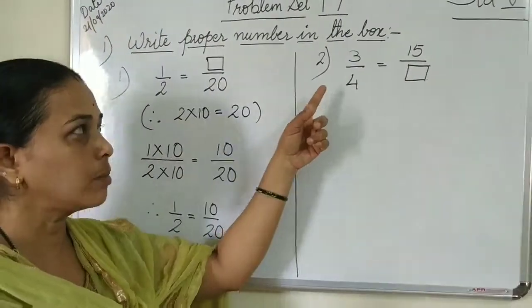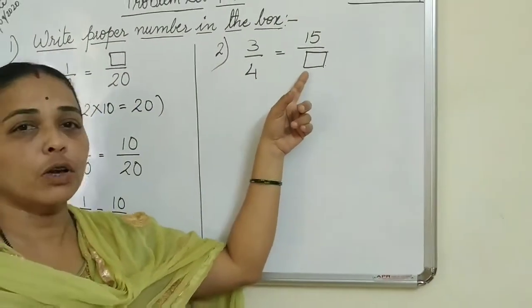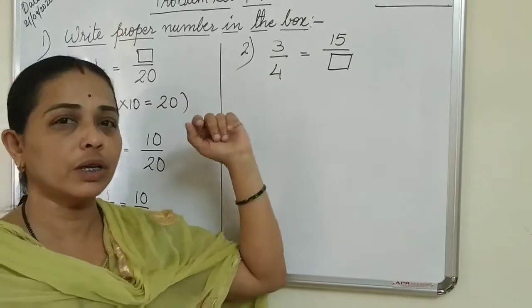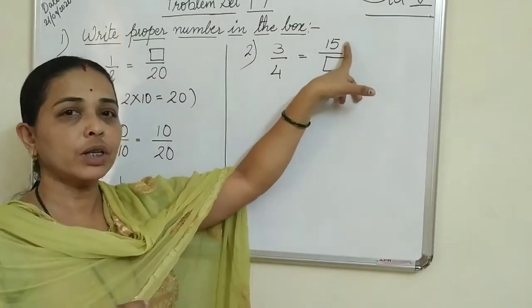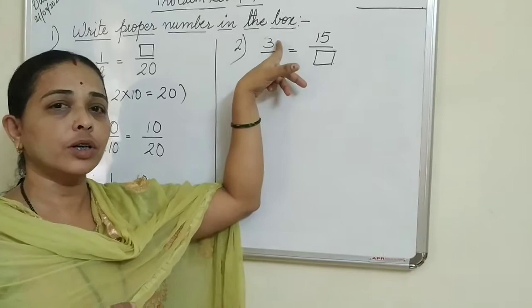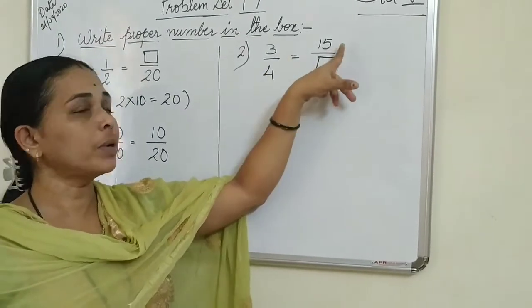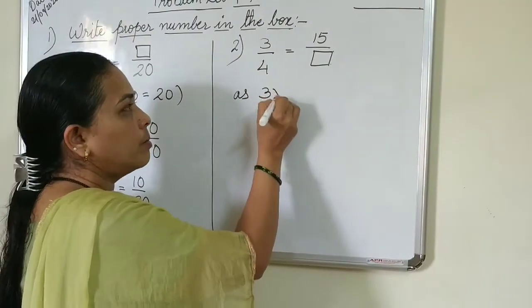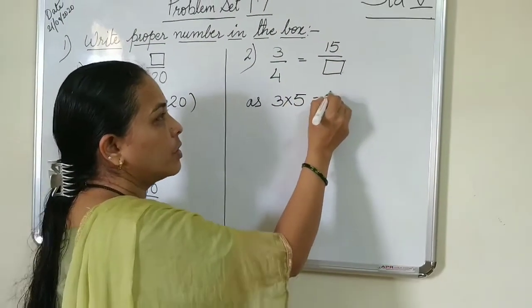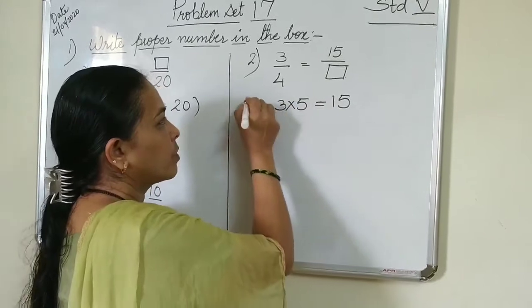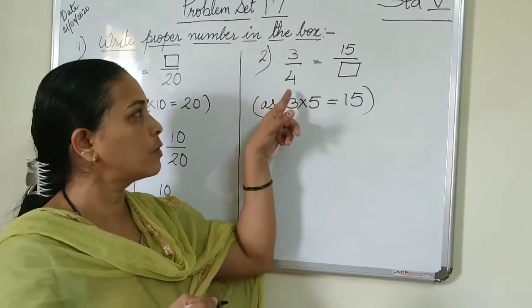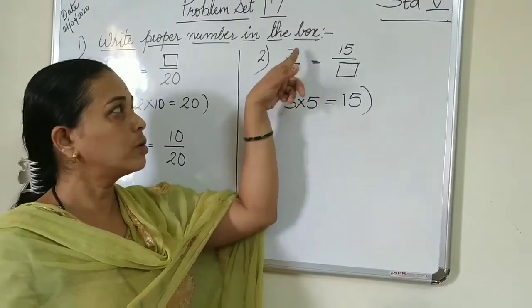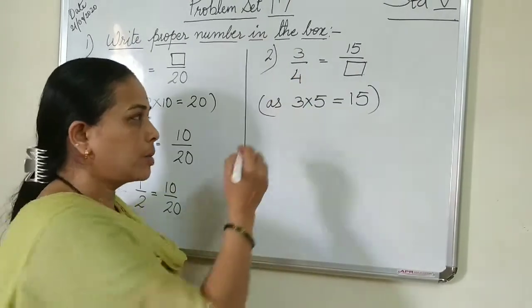The second sum, see here the box is given. Now you have to find the denominator. The numerator is given as 15 and here it is given 3. So 3 how many times makes 15, find out. As we know, 3 multiplied by 5 is equal to 15. So you have to multiply this 5 to the numerator and also the denominator.